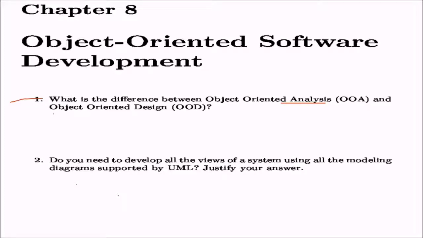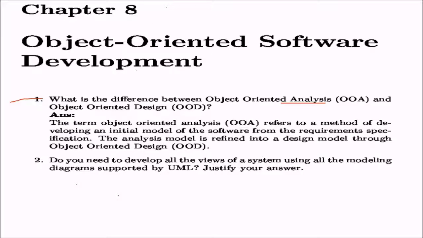OOA and OOD. The answer would be this: object-oriented analysis, OOA, refers to a method of developing an initial model of a software from the requirement specification. This is a type of analysis in which we try to develop the initial model from the SRS or requirement specification.